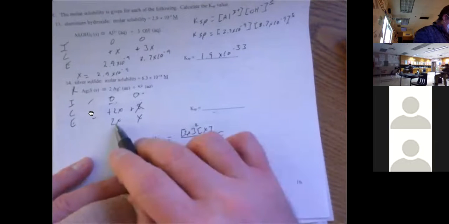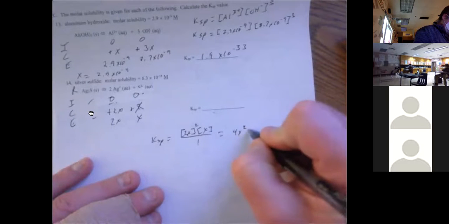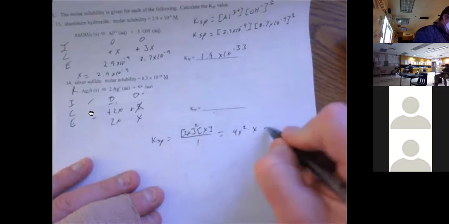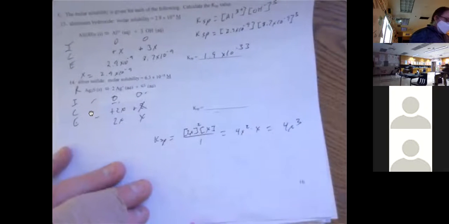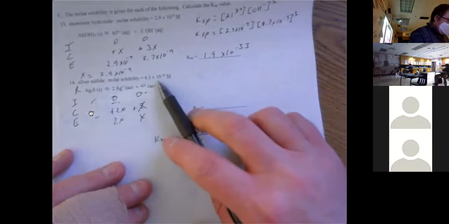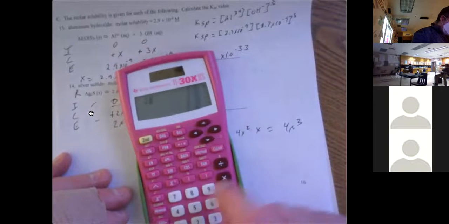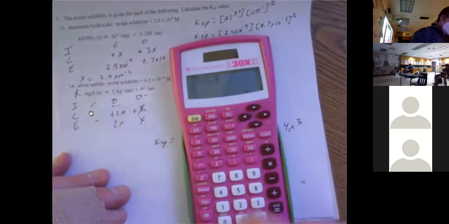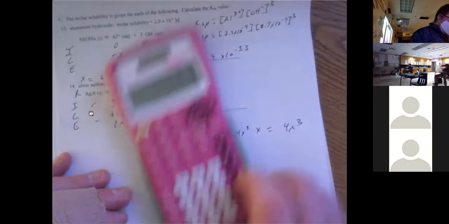So that equals 4x squared times x, which equals 4x cubed. We know that the molar solubility, or x, is 6.3 times 10 to the negative 18th. So we take 4 times 6.3 times 10 to the negative 18th, and then we need to cube that.